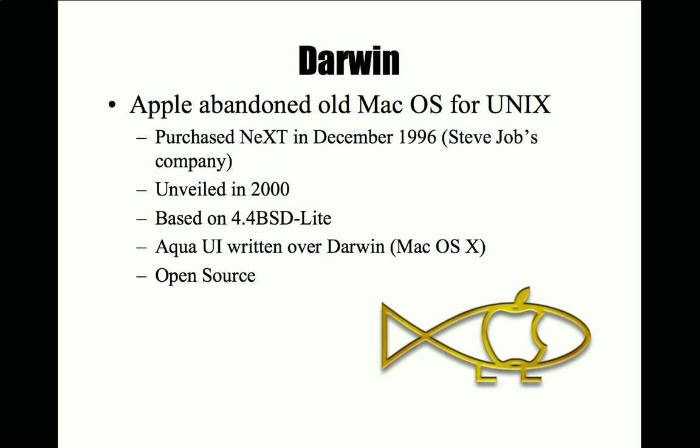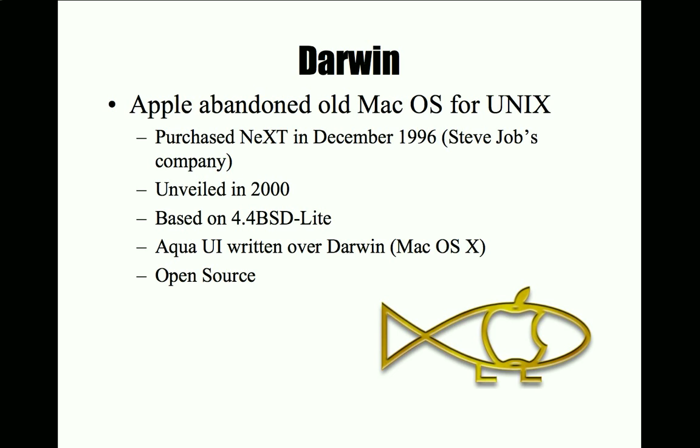Here is the stuff that Apple did. They actually abandoned their old Mac operating system between 96 and 2000, and they bought a company called NeXT. The CEO of that company was Steve Jobs, and that's when Steve Jobs returned to Apple.